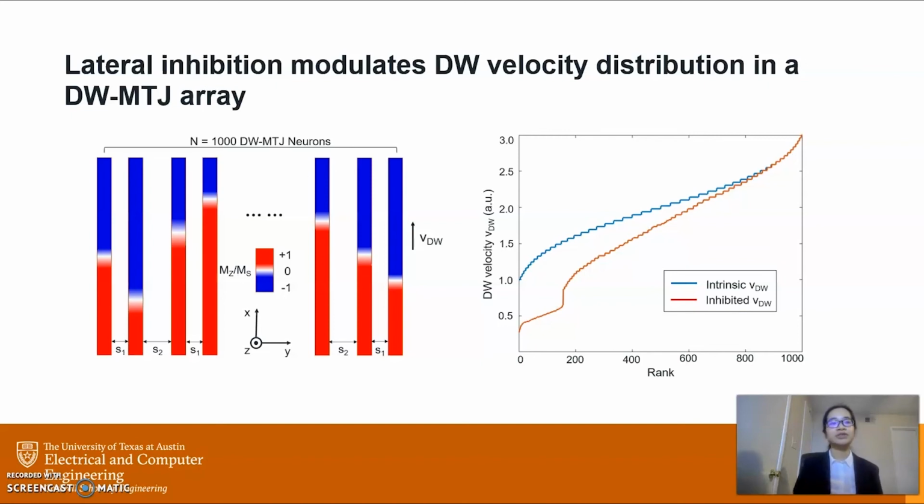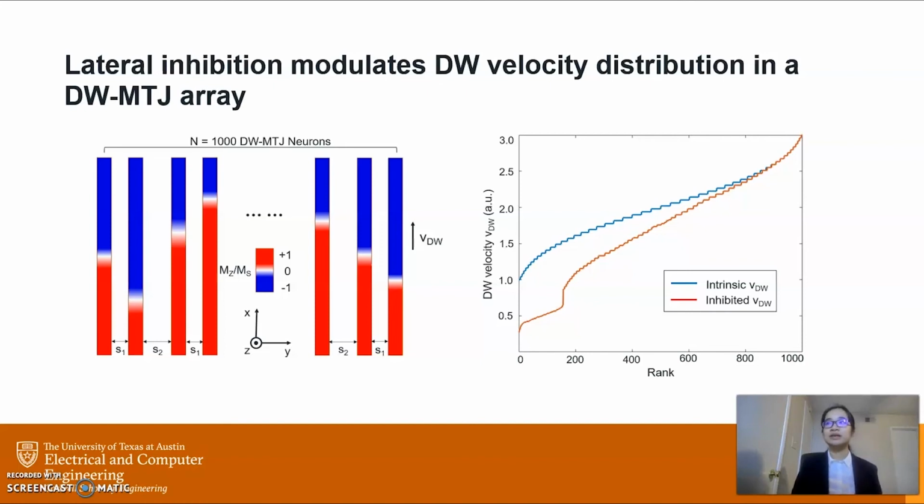We use an inhibition model that is extracted from our micromagnetic simulation results and simulate the domain wall velocity distribution both with and without lateral inhibition. We can see that when there is lateral inhibition, the overall domain wall velocity will be lower.